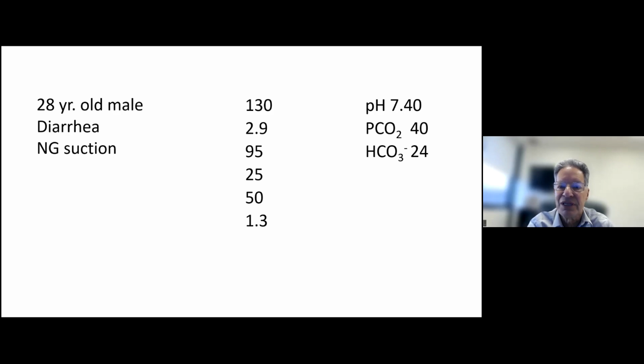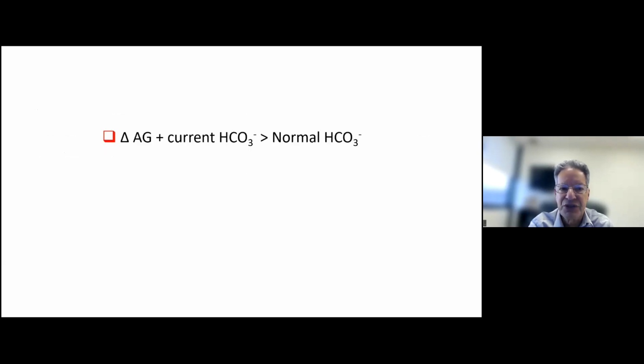So here's a mixed disorder where it's not due to an abnormality in the acid-base rules. It's because you have two acid-base disorders present that are both metabolic. And so the clue is that you always have to add the change in the anion gap from normality to the current bicarbonate, and that should equal the bicarbonate of 24 or 25.